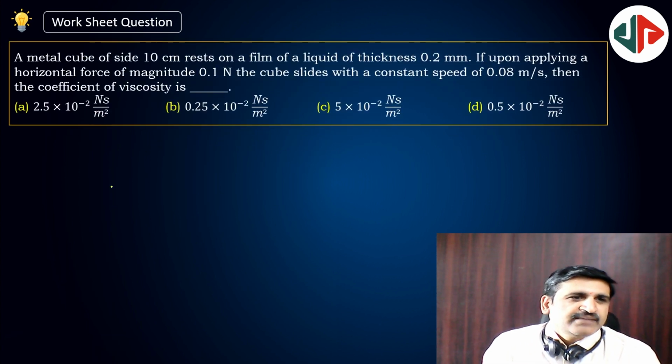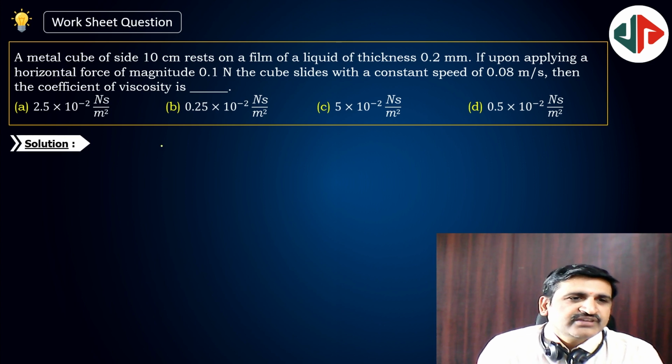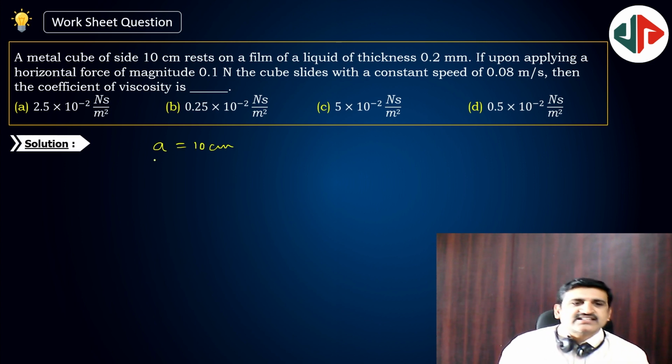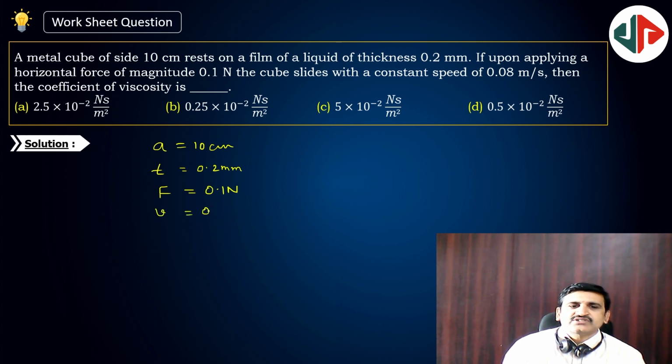Next, a metal cube of side a equal to 10 centimeter rests on a film of a liquid of thickness t equal to 0.2 mm. Upon applying a horizontal force of magnitude F equal to 0.1 Newton, the cube slides with a constant velocity v equal to 0.08 meter per second.